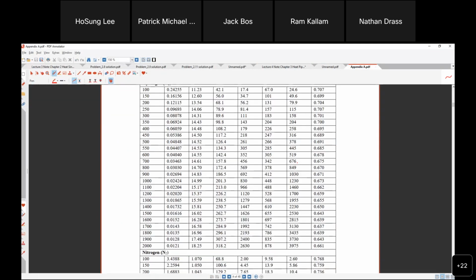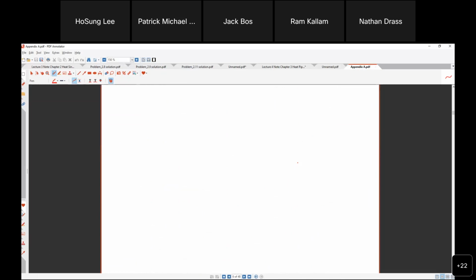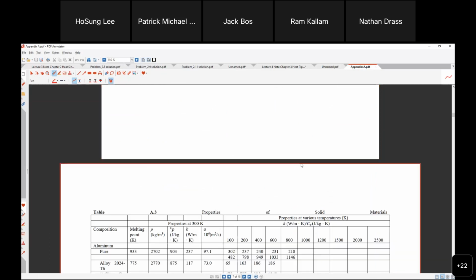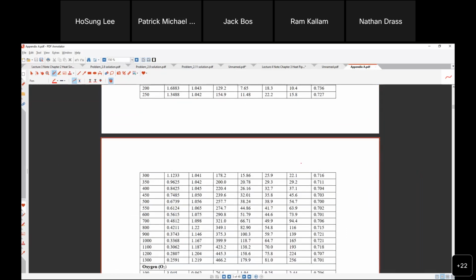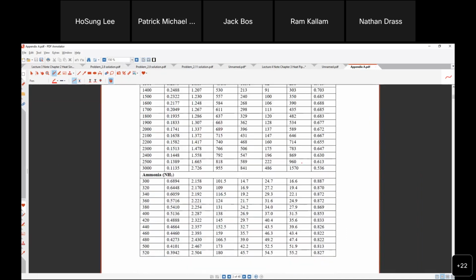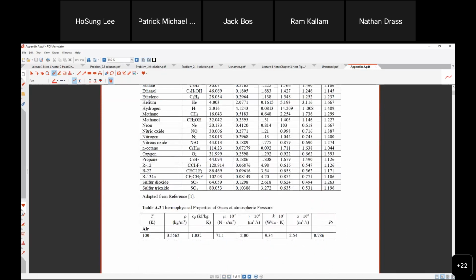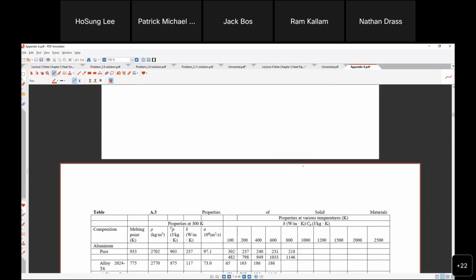Water. No water there. Property of gas, sorry.